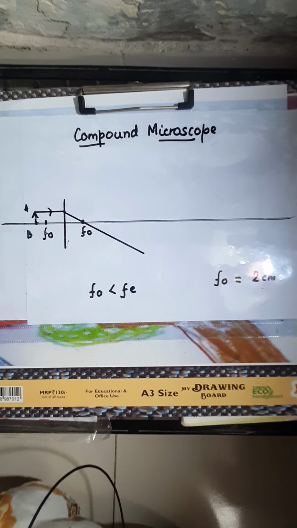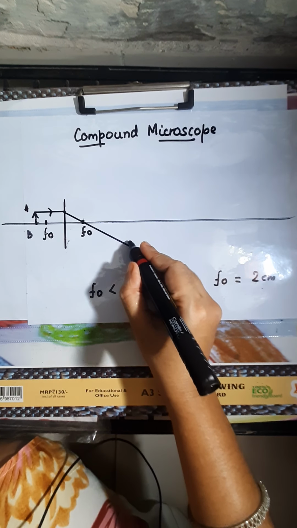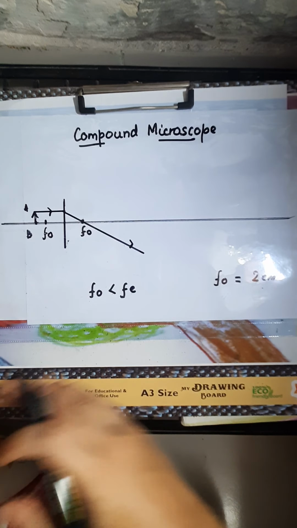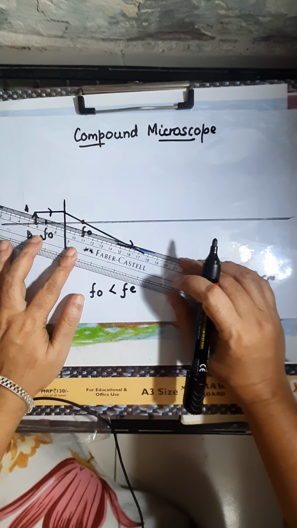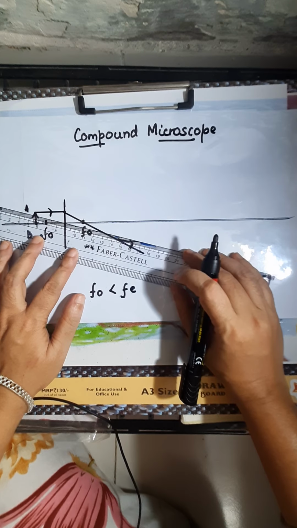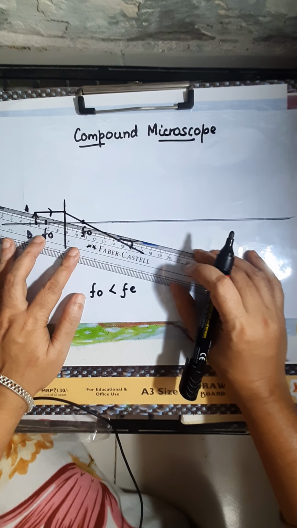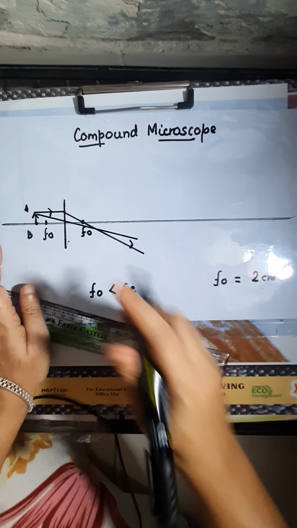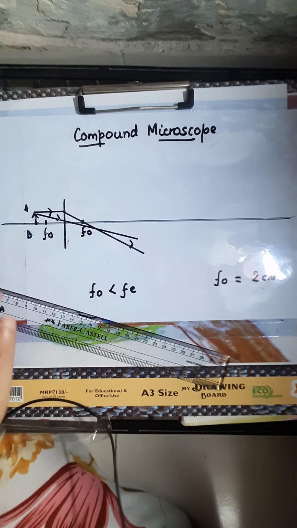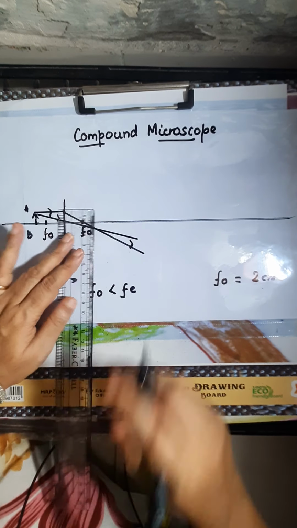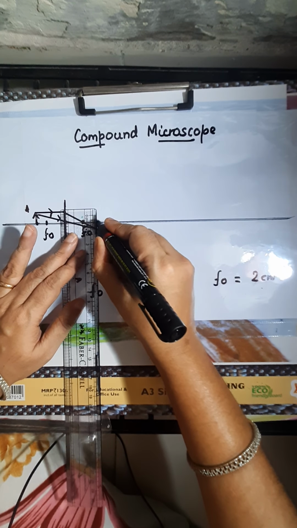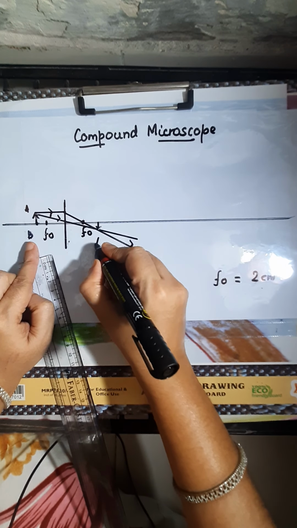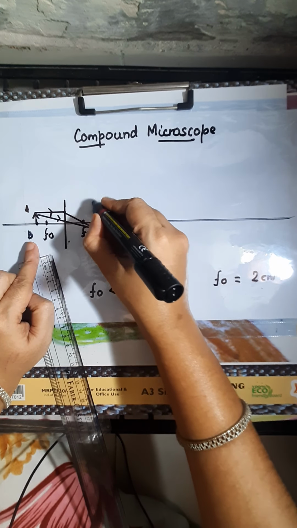Now, the second ray of light passes directly through the optical center without any deviation. Now here is where my image is formed. This is my first image, A dash and B dash.